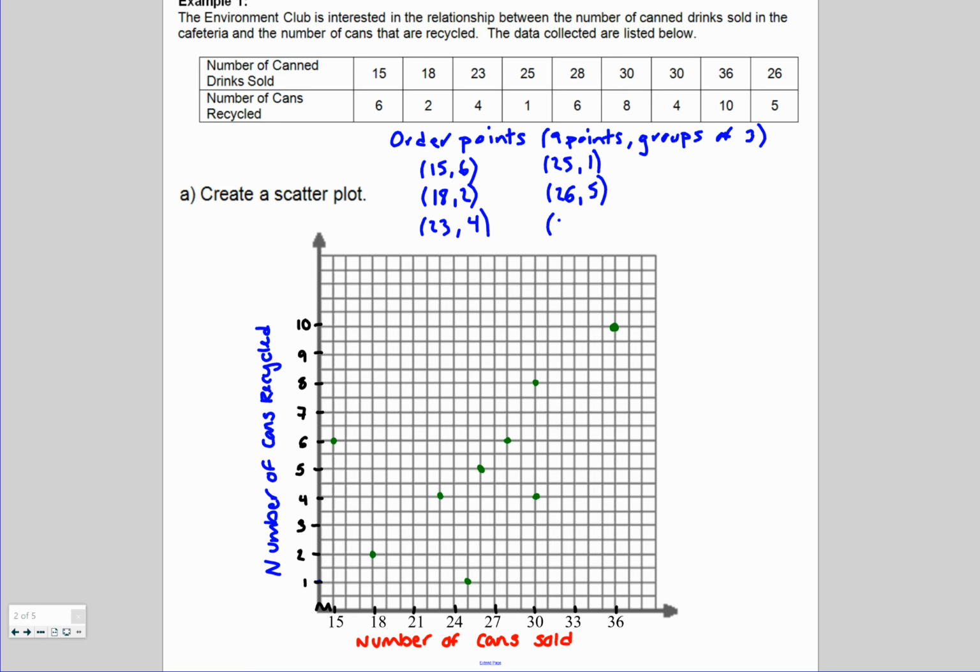Okay. And then 28 and 6. And then lastly, I have 30 and 4, 30 and 8. Okay. And 36 and 10.